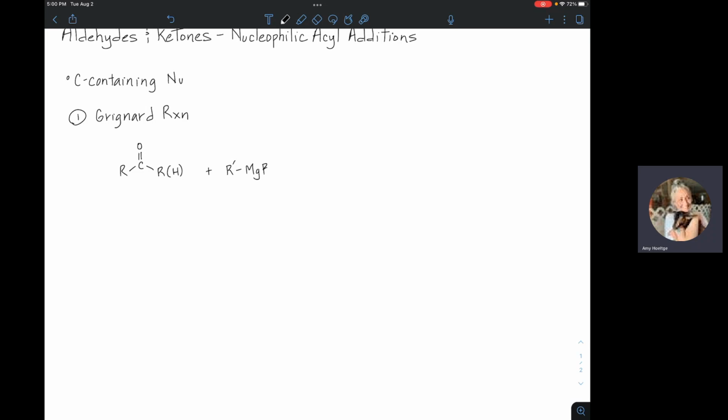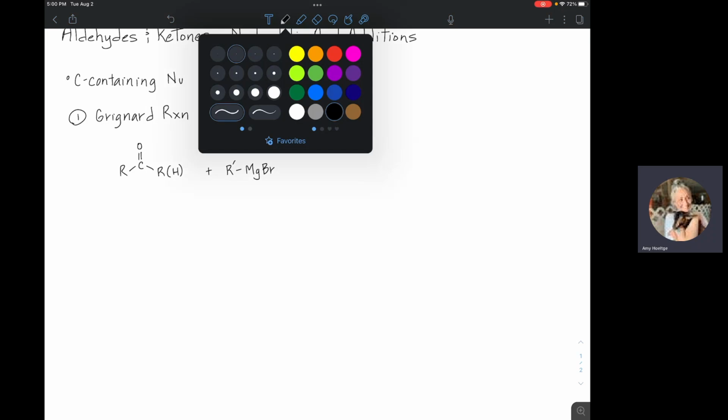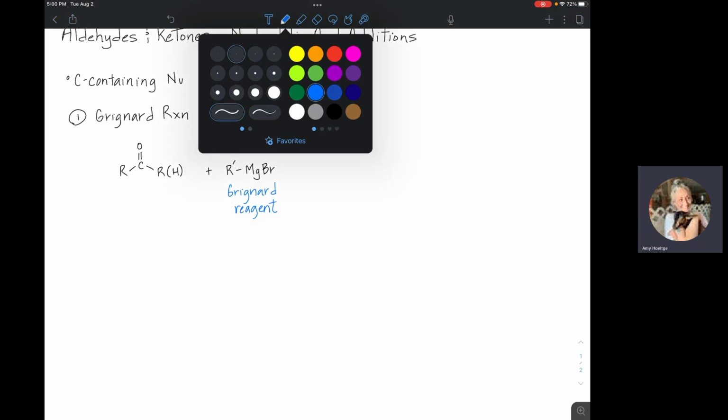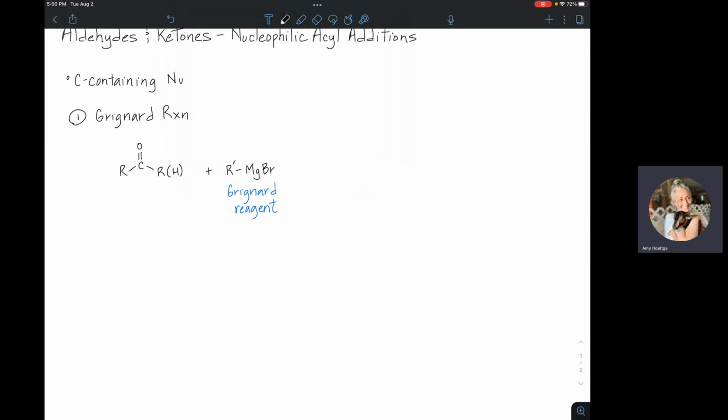Magnesium and usually bromide. So this is our Grignard reagent. You can do this with other metals, but Grignard, the actual dude, did this with magnesium. So there's a whole ton of organometallic reagents out there, but an organomagnesium reagent is specifically called a Grignard reagent.